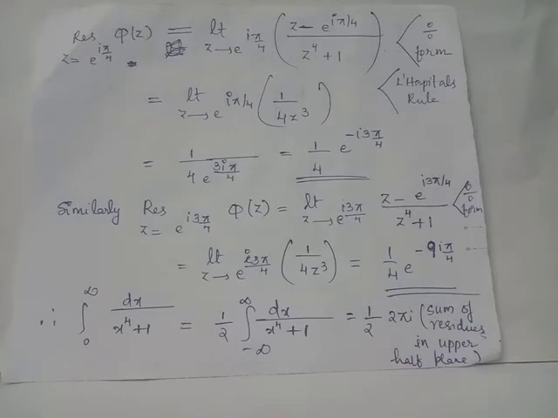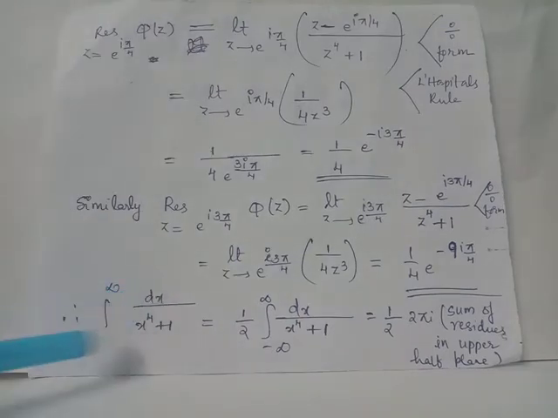Since we are asked to evaluate the integral from 0 to infinity of dx upon x raised to 4 plus 1, which in turn equals 1 by 2 times the integral from negative infinity to infinity of dx upon x raised to 4 plus 1, and since we know the integral from negative infinity to infinity of dx upon x raised to 4 plus 1 equals 2 pi i times the sum of residues of poles of phi of z lying in the upper half plane, the required integral has the value 1 by 2 times 2 pi i into the sum of residues of poles in the upper half plane.